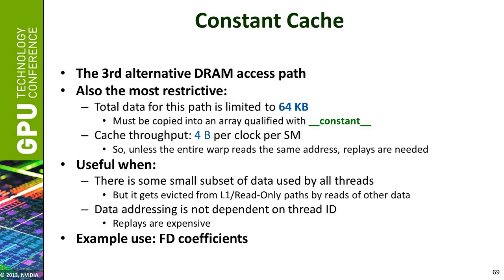Now these go through their own dedicated constant cache, everything else goes through the read-only path or L1 path, and they will never pollute this cache. So that's where you get this behavior. Typically, where I've seen these used is for any kind of discrete finite difference schemes: you put the finite difference coefficients in this memory, and they live there.